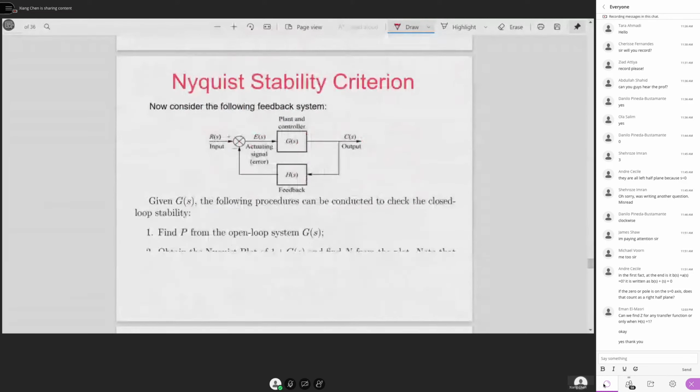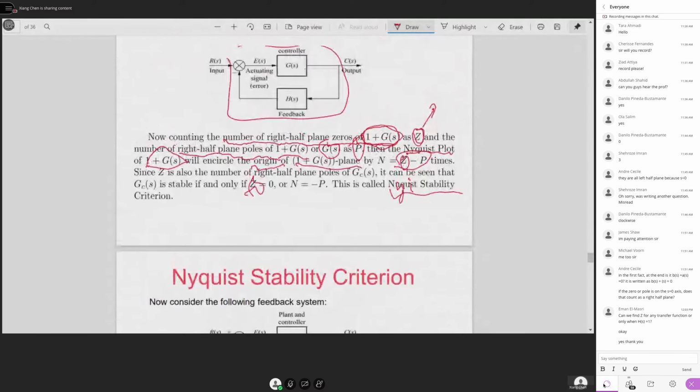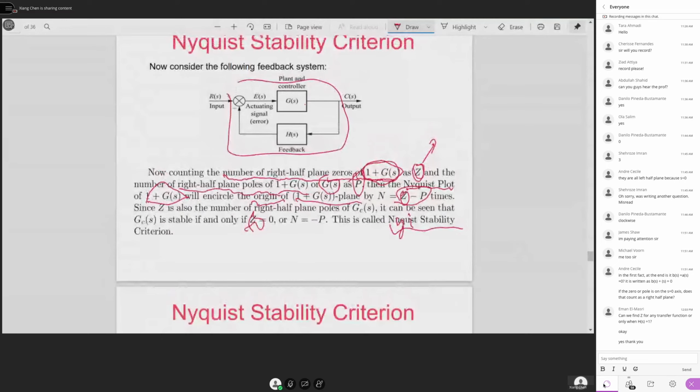Okay, so you can see that exactly the Nyquist stability criterion basically says that if you have N equal to minus P, then your closed loop system will be stable. Okay, if this condition holds, then the closed loop system is stable.